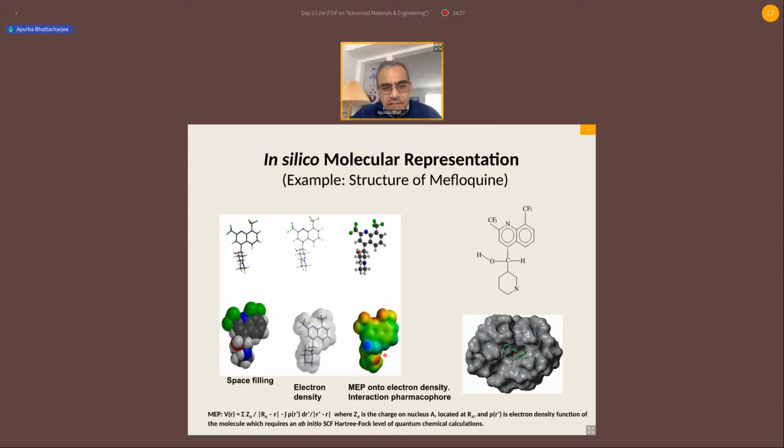And once it recognizes this, they will come closer to each other, and then the binding will take place. That is why it is called the interaction pharmacophore, and this is the foundation of pharmacophore modeling.